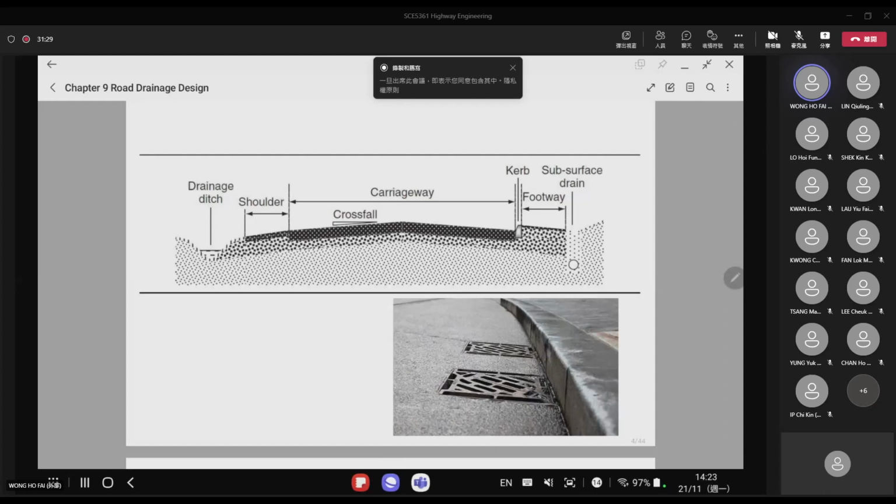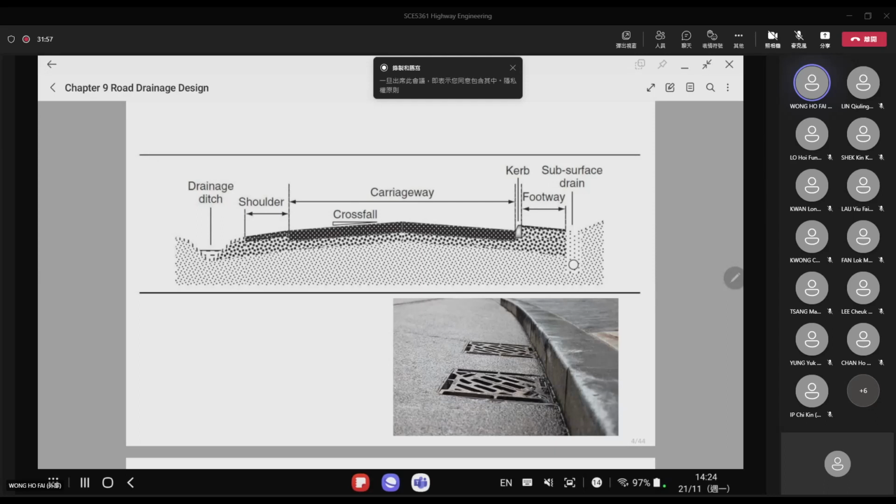On the side of the road, we have a shoulder. The shoulder is a location where a vehicle can park for emergencies. And on the other side of the road is the footway, which is for pedestrians. And there is also a so-called drainage ditch. It is for collecting the rainfall.